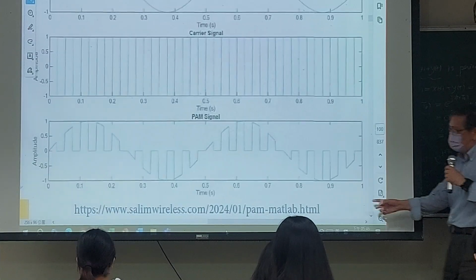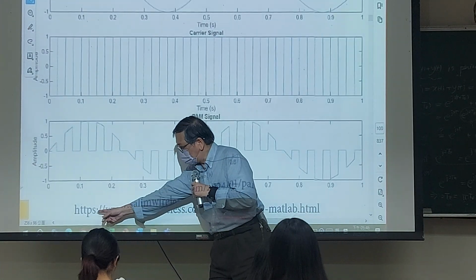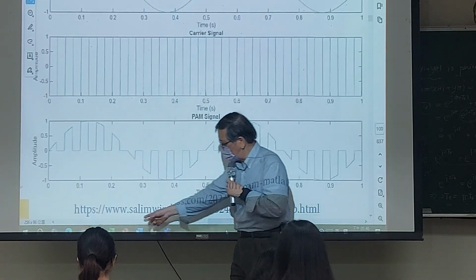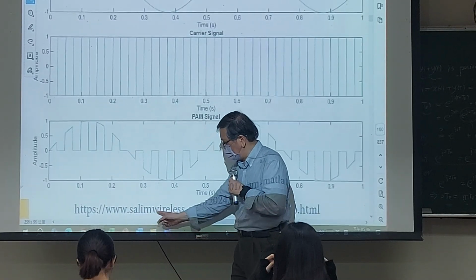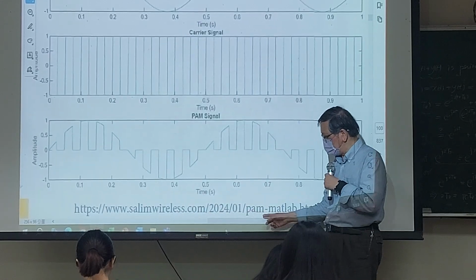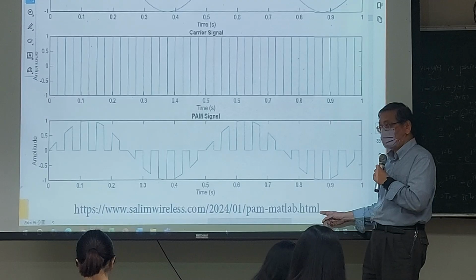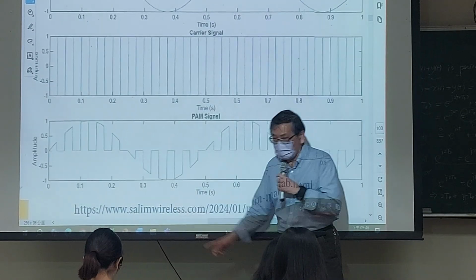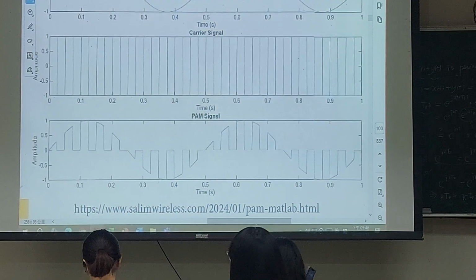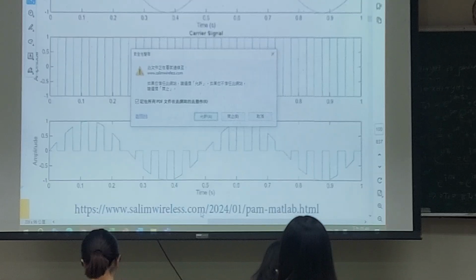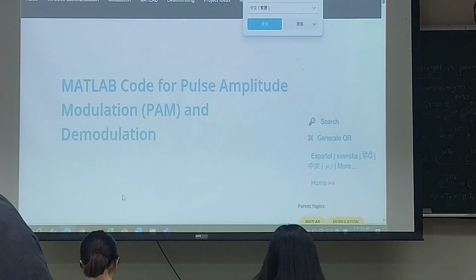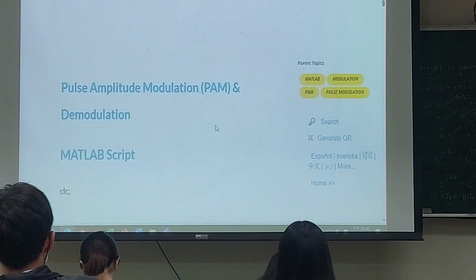Please find this website, https://www.salientwireless.com/2024/01/10-method.html. Go to this website, and there is a method code. You will find this method code.